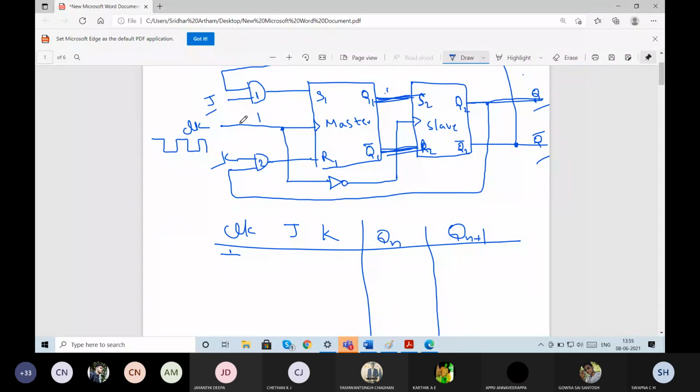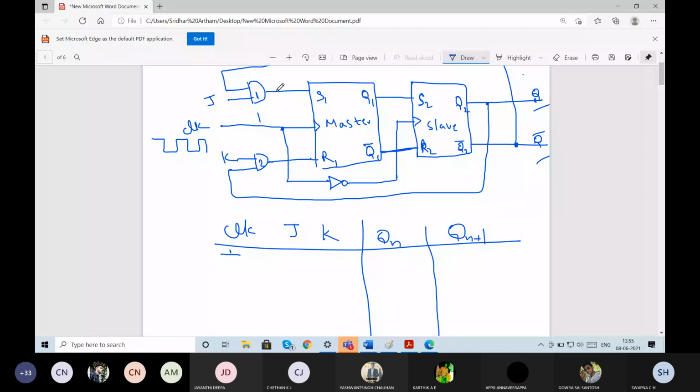First I've considered the clock value to be 1. So when the clock is equal to 1, what happens to the master? Will the master be active or inactive? Active.